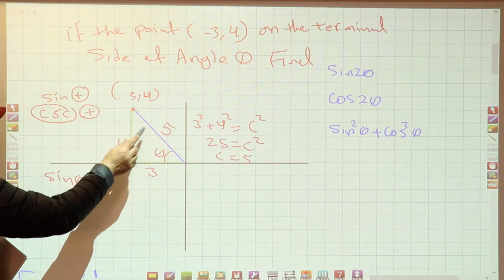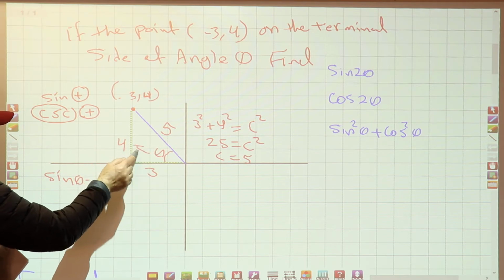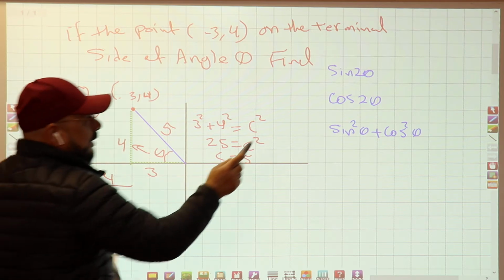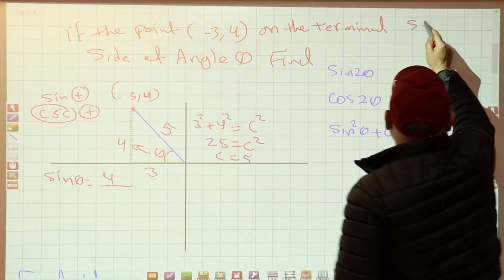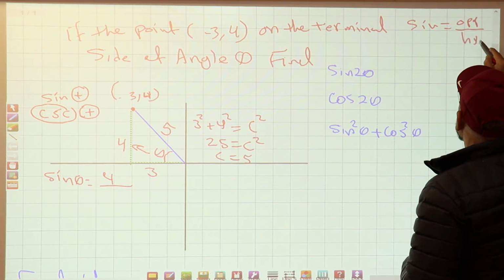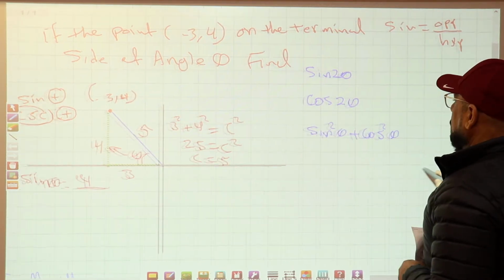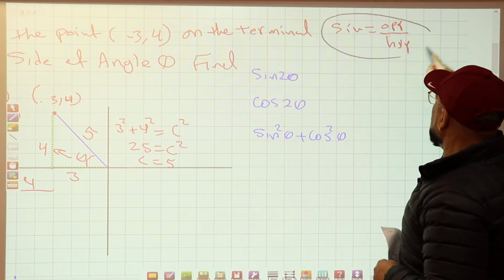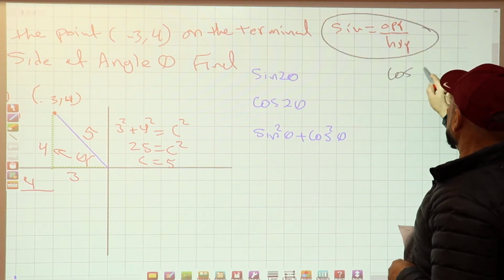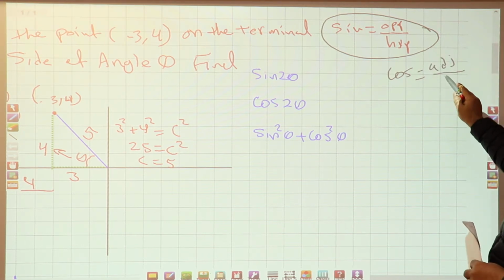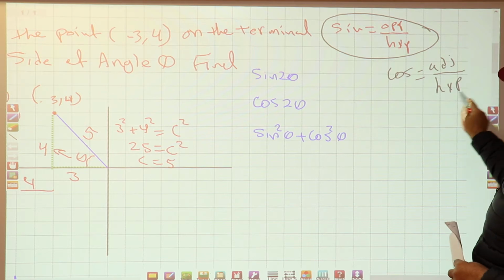Sine theta equals opposite over hypotenuse. Cosine is adjacent over hypotenuse.